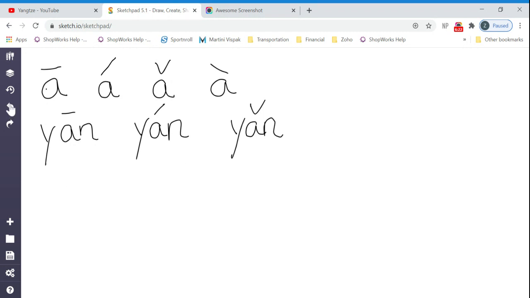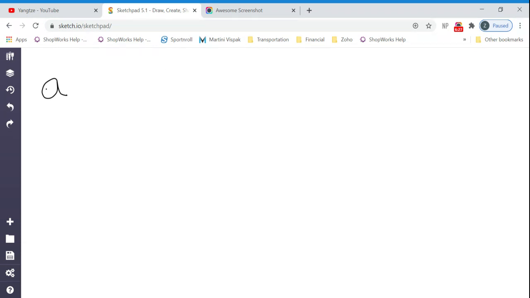All right, so another special rule that we're gonna do today is the so-called neutral tone, the tone that we don't pronounce with any kind of tone. It's like it just flows through. It's very light and neutral. For example, the example we just did before.